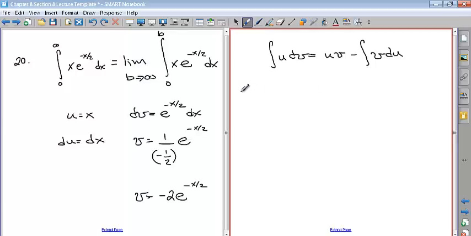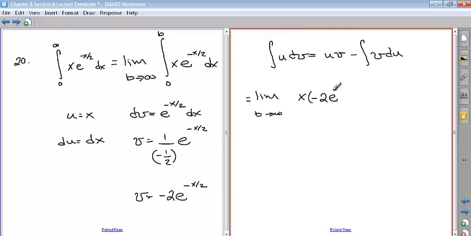So what we'll have is the limit as b goes to infinity. And remember, when you have a definite integral, you plug them in and then you put the limits. So u is x, v is negative 2e to the minus x over 2, evaluated between 0 and b.